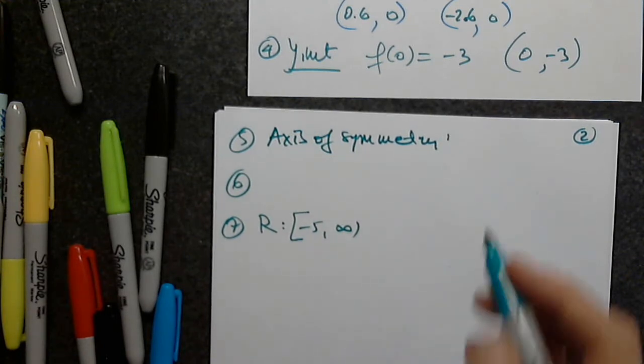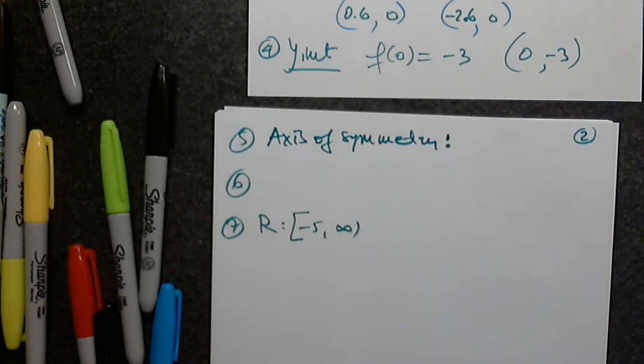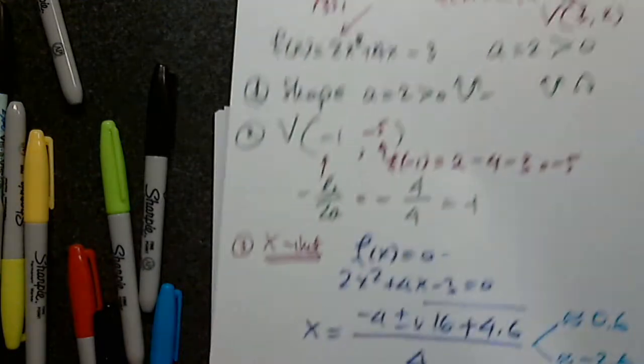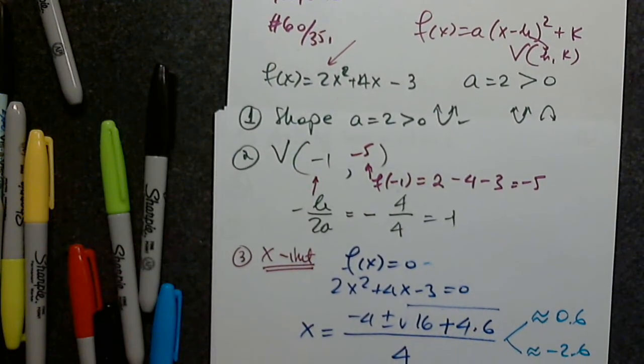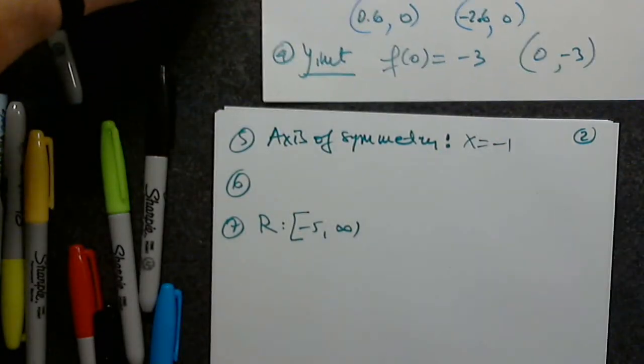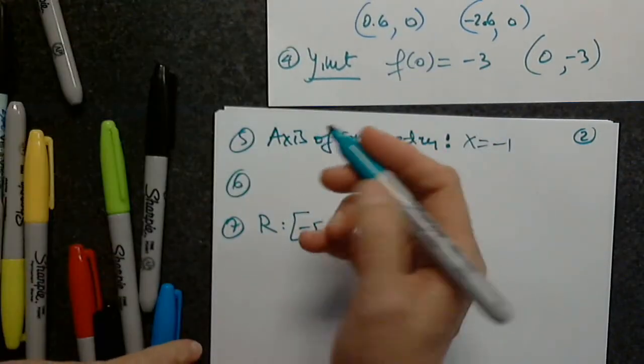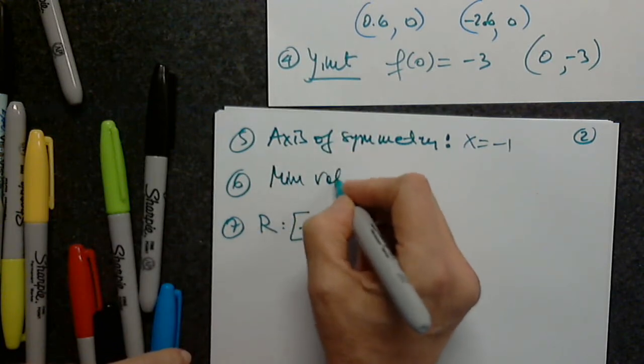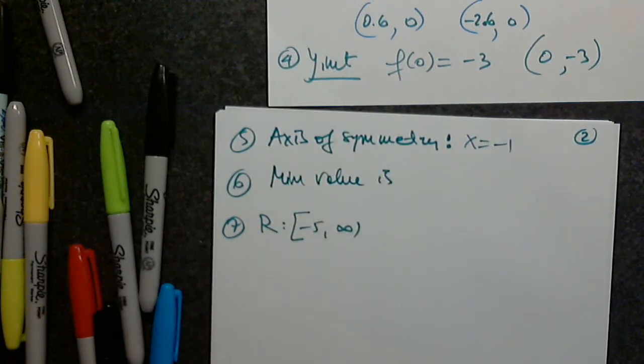Number 5, axis of symmetry. What is the axis of symmetry? The vertex tells us exactly what the axis of symmetry is. X equals negative 1. Very good. Awesome. X equals negative 1 is the axis of symmetry. And since it has a minimum value, it is definitely how much?